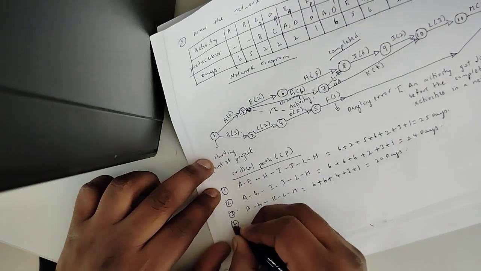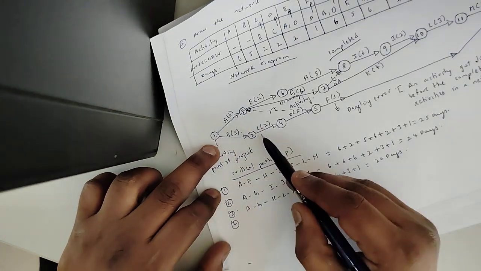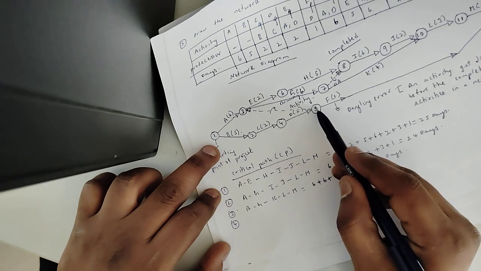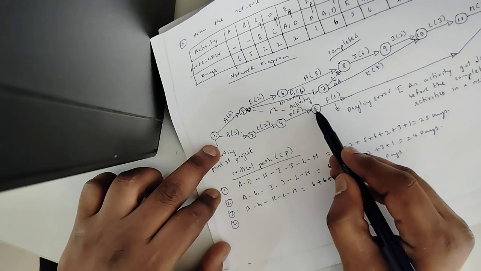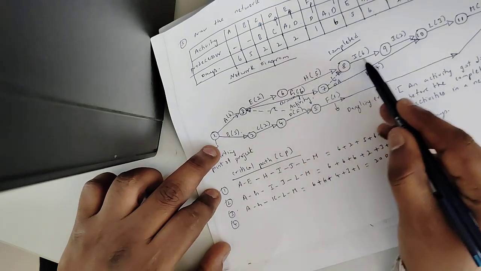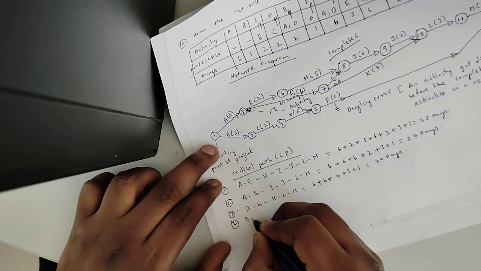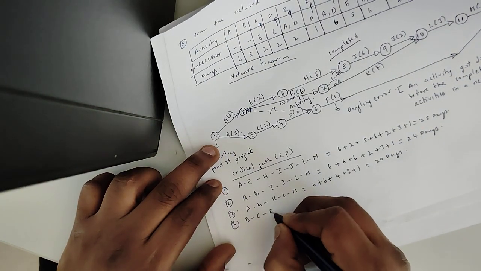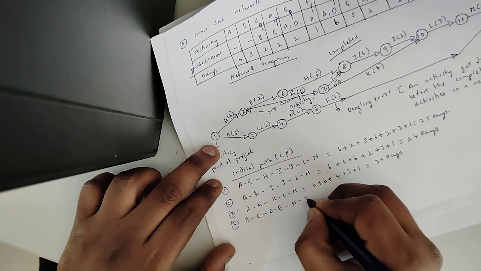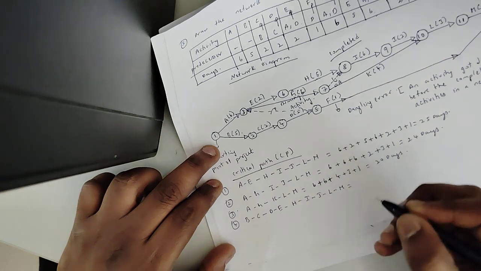So next we will move to the next path, that is here B, C, D. Is it fine? Then E, H, I, J, L, N. So right here B activity, C activity, D activity, then E, H, I, J, L, M. Is it fine?